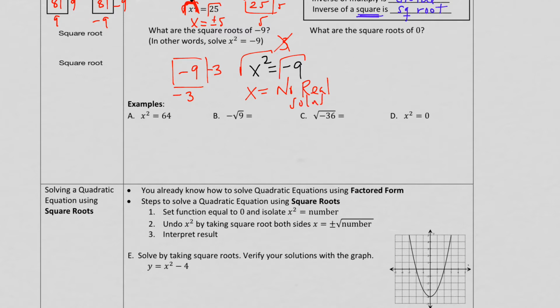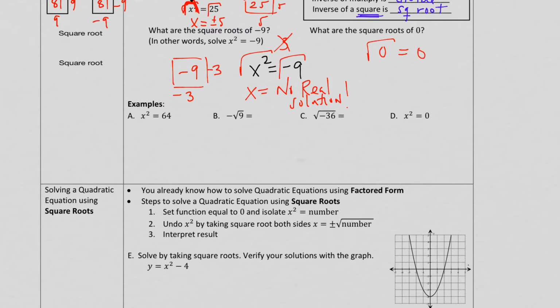So a negative inside of a square root will have some issues for us, and we can't solve it with a real solution. There will be a different way to solve this in the next notes, but for now we'll say no real solution. Lastly, what are the square roots of 0? In this case, the square root of 0 is just going to be 0.